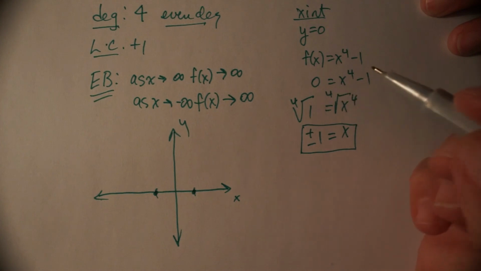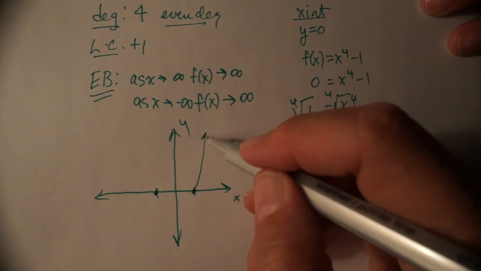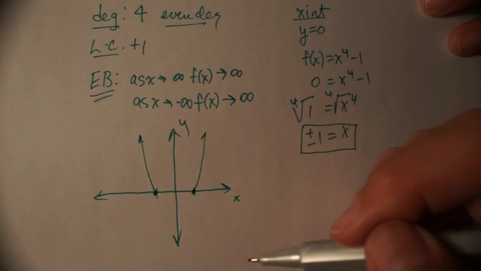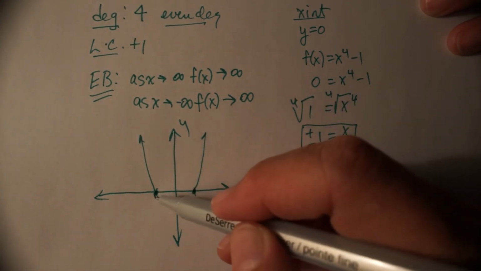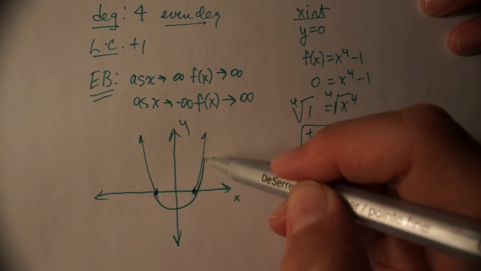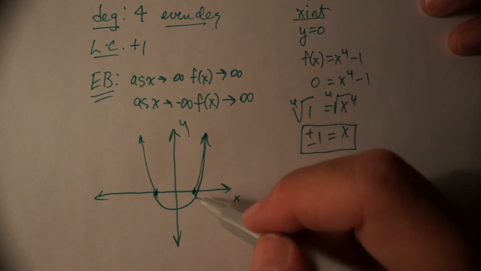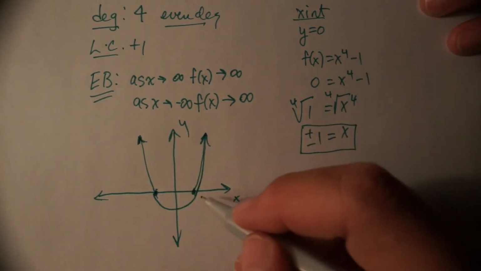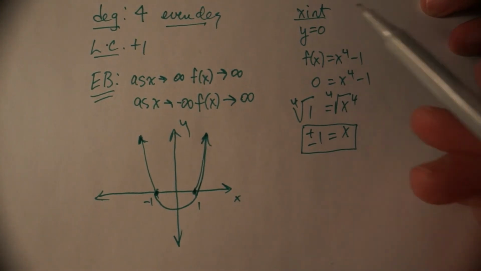The end behaviors are both going up, so here it's going up, here it's going up, and they somehow have to meet. So clearly it's going to be something like this. We could have figured this out a little bit because we can see that it's a translation down 1 of the x to the fourth. So that would be a good approximation of a sketch for that function.